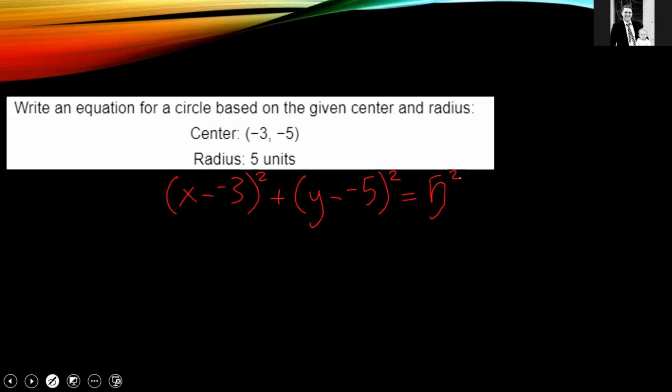Okay, let's do a little bit of simplification. Again, if you're subtracting a negative, that's the same as adding. So I'm going to switch that. And I'm doing that twice, just so I can type less in and get more math. And then 5 squared is 25. There is the equation of this circle.